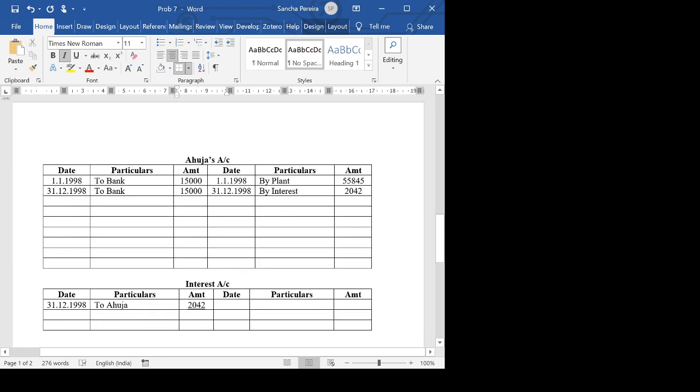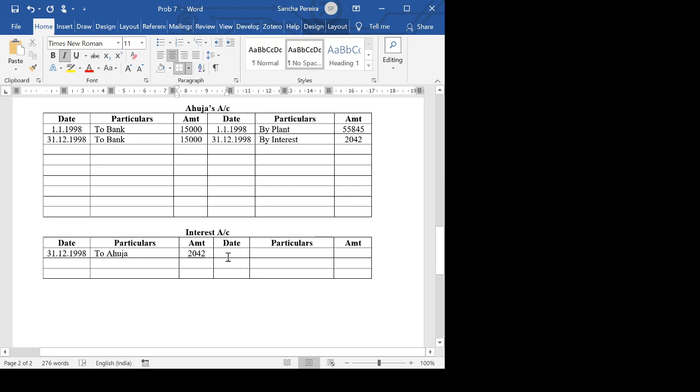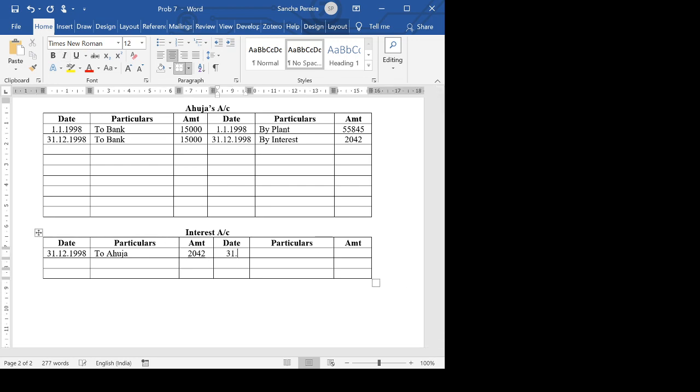Next thing we have to close. First close the interest account. When you close the interest account, the balance is transferred to profit and loss account, by P and L account, 2042. Close this.